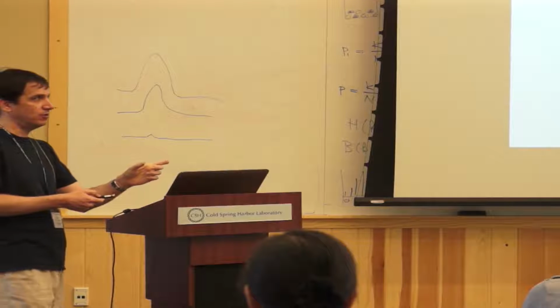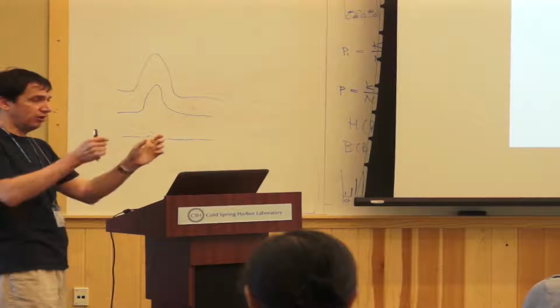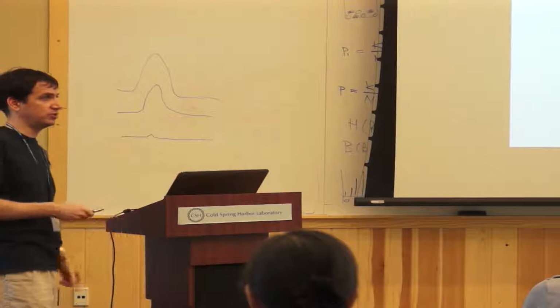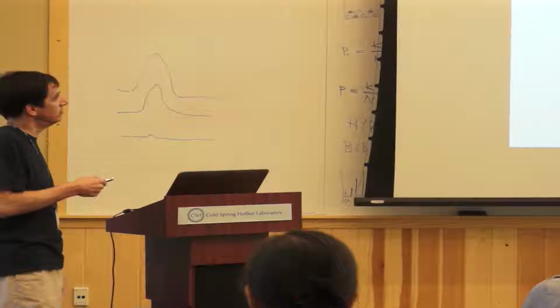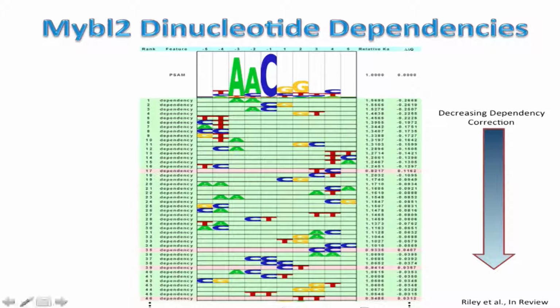And so we see all the dependencies are in the flanking positions. So where the position independence assumption breaks down is not the same, and I think it varies across different transcription factor families.